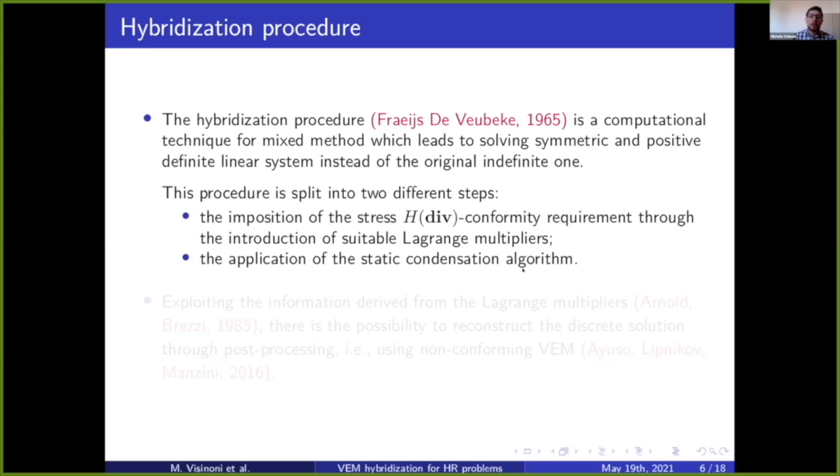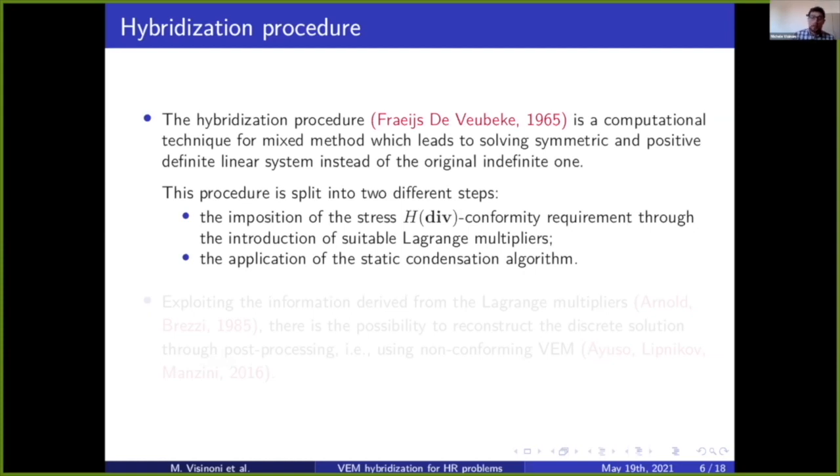We exploit the fact that the stress is discontinuous, so we can locally invert some matrices, and then we can reduce the dimension of the linear system, and we obtain a symmetric and positive definite one. So this is the first aim of the hybridization procedure.